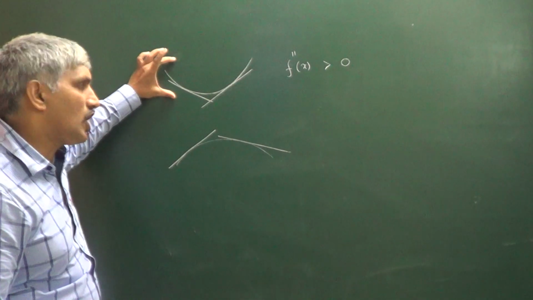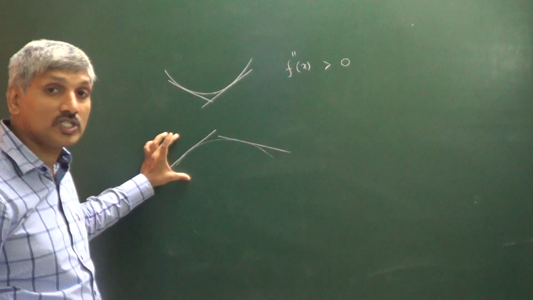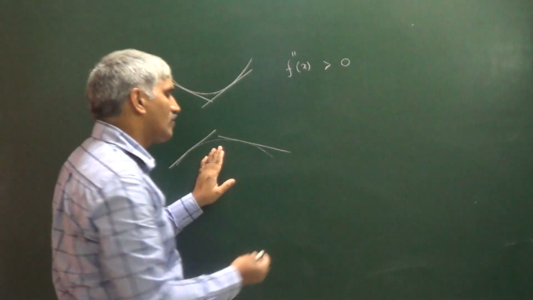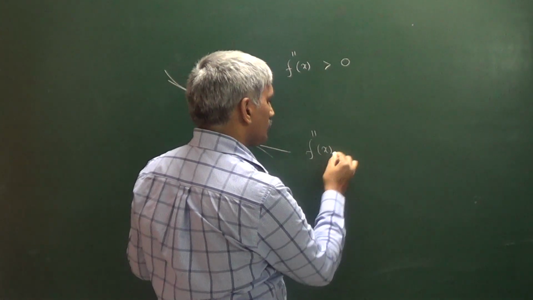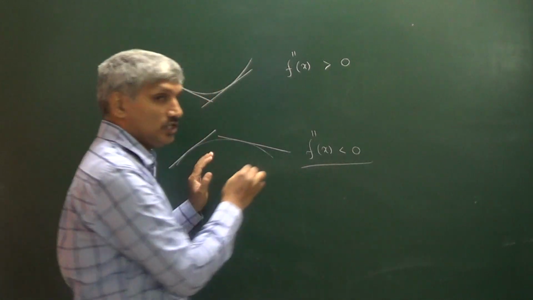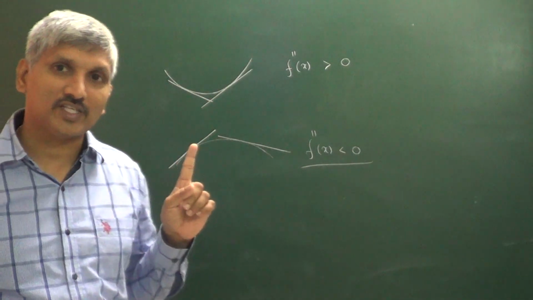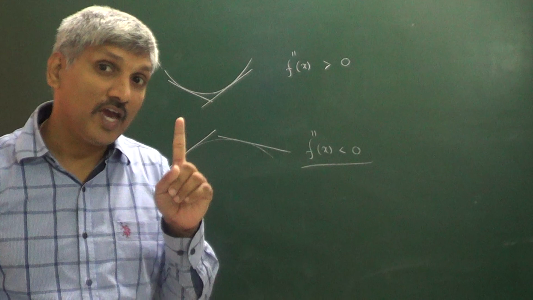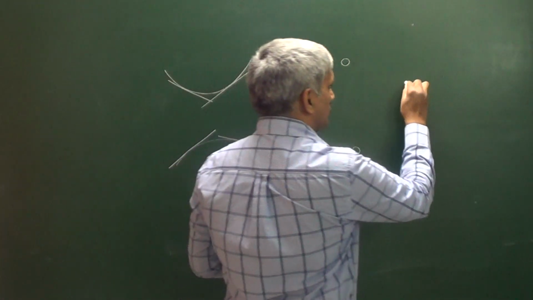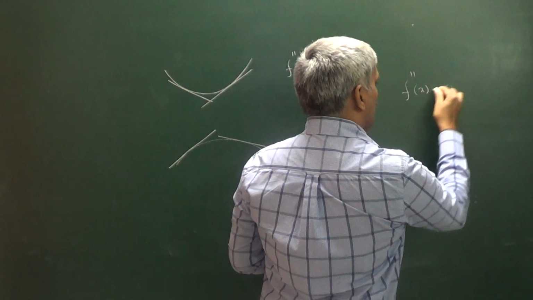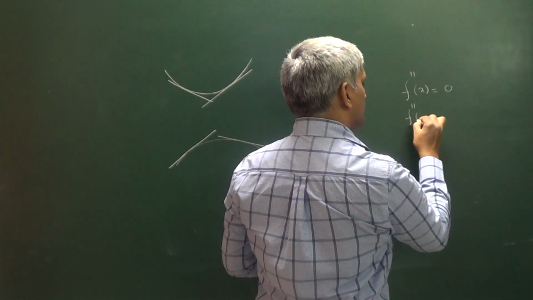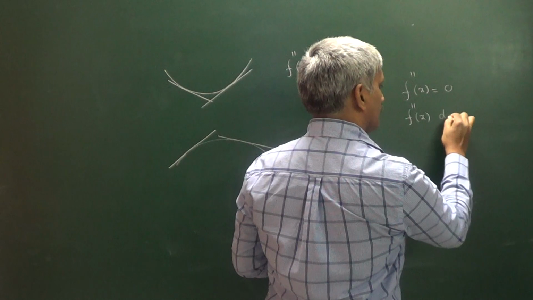Okay, so this is concave upward and this is concave downward. In case of concave downward, f double dash of x must be less than 0. Where f double dash of x is equal to 0 or f double dash of x does not exist.